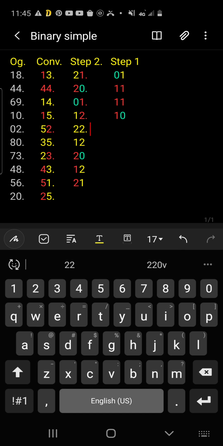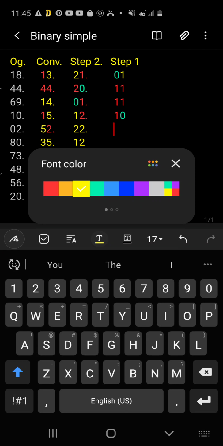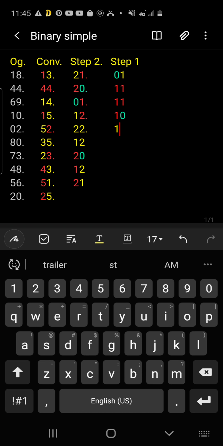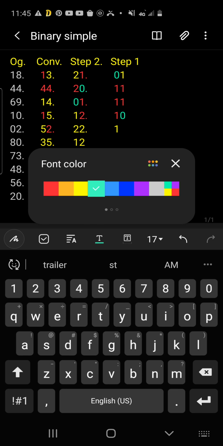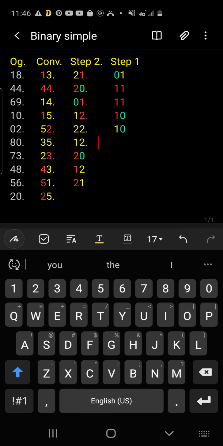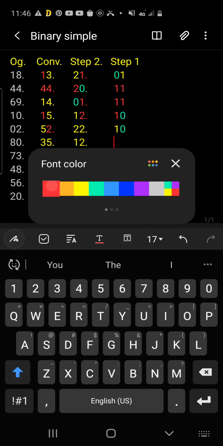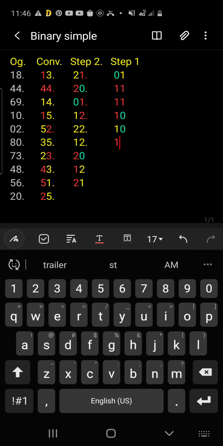The next up is going to be 2 to the 1. That's going to be minus 1. And then 2 to the 2, which is going to be a 0. Then after that, you have 1 to the 2, which is going to be a plus 1. And then you have the 2 to the 0, which is going to be another plus 1.